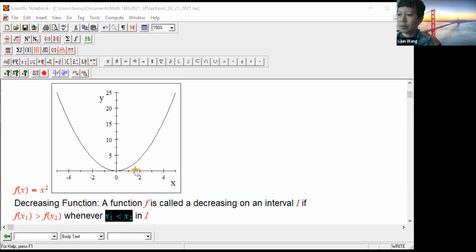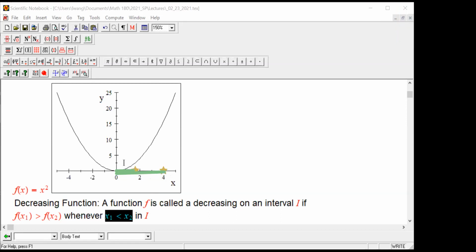If you look at these 2 points, point 1 and point 2. Okay, so what is x1, x2? This will be x1, and the other one will be x2. You follow me? x1 is smaller than x2.